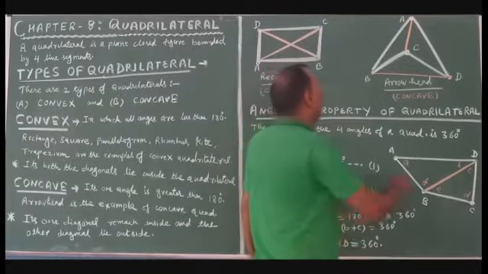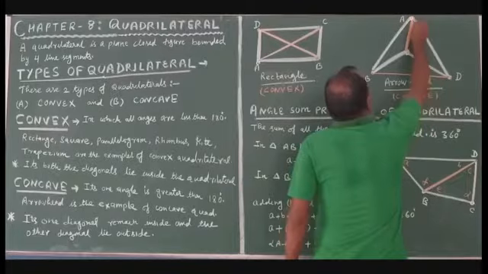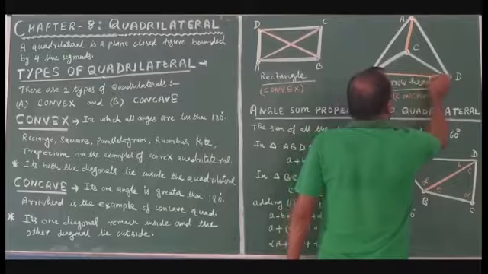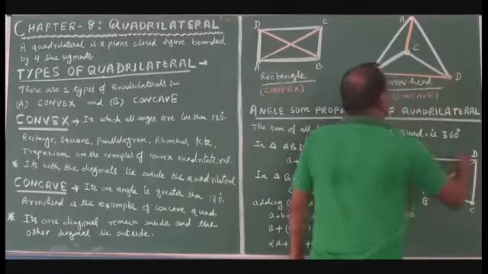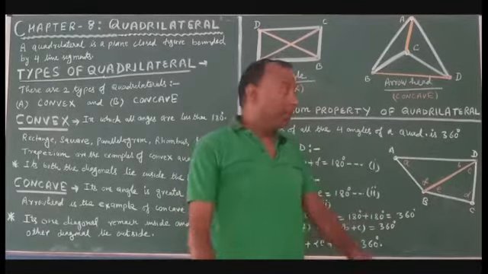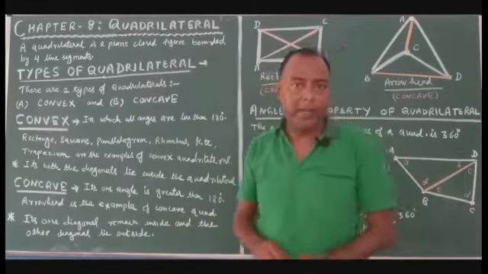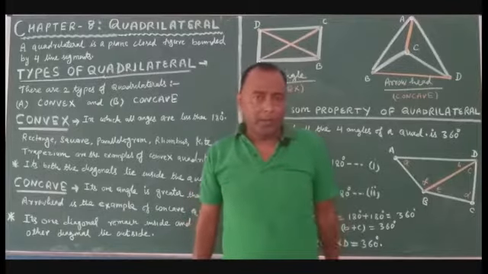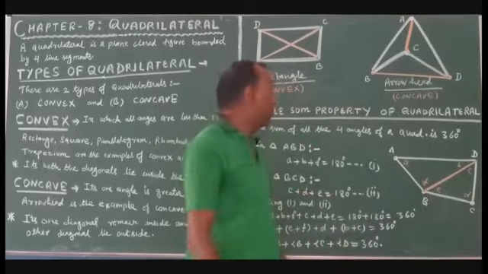Again, we are joining the 2 non-consecutive points, AC and BD. In both the figures, in the rectangle as well as in the arrowhead, AC and BD are 2 diagonals. And now, just watch carefully.